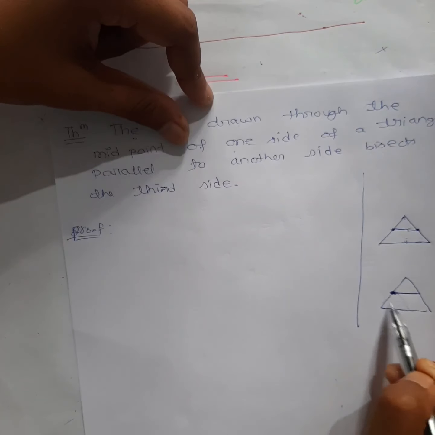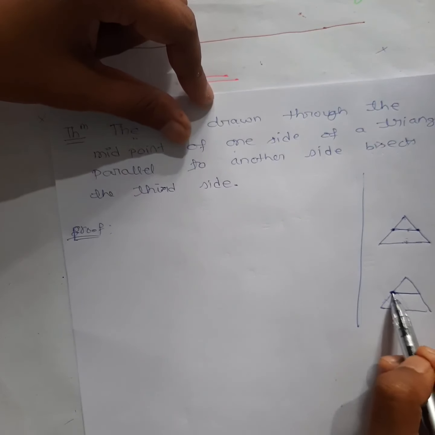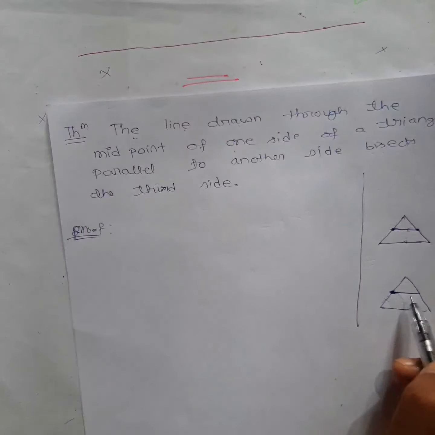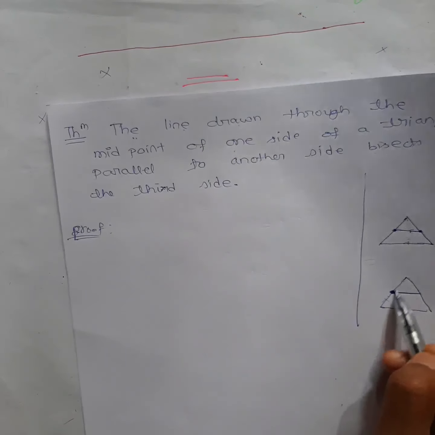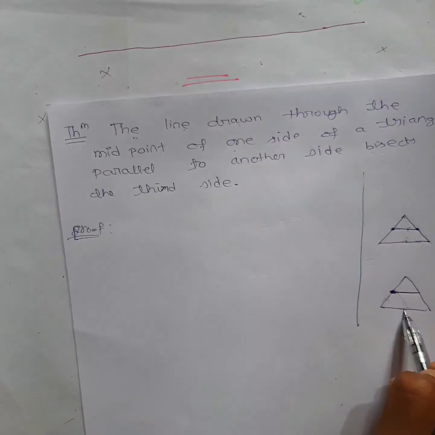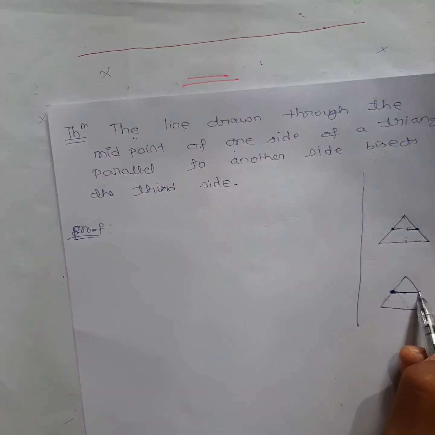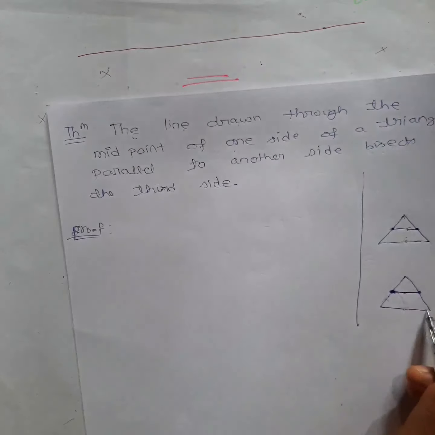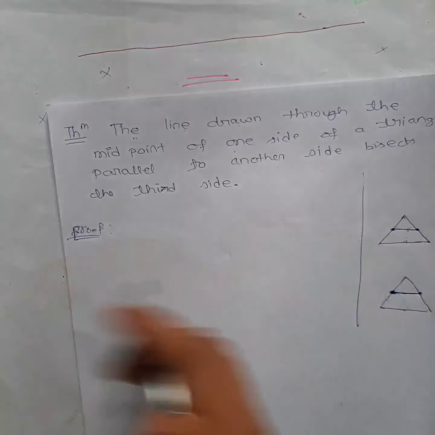So these two sides I have already worked with, right? So the third side will obviously be this one. So they have said that when you draw a line from the midpoint of one side parallel to another side, so another side will be this one, then that line always bisects the third side. Bisect means what? This will become the midpoint.